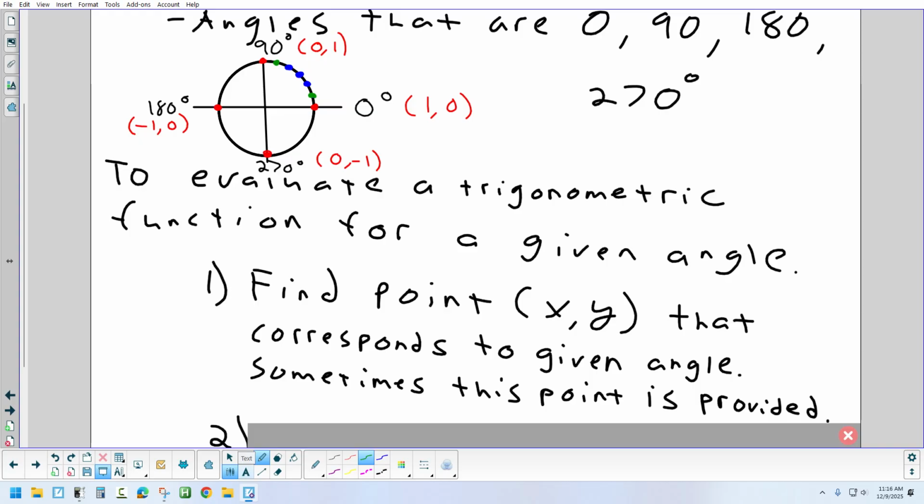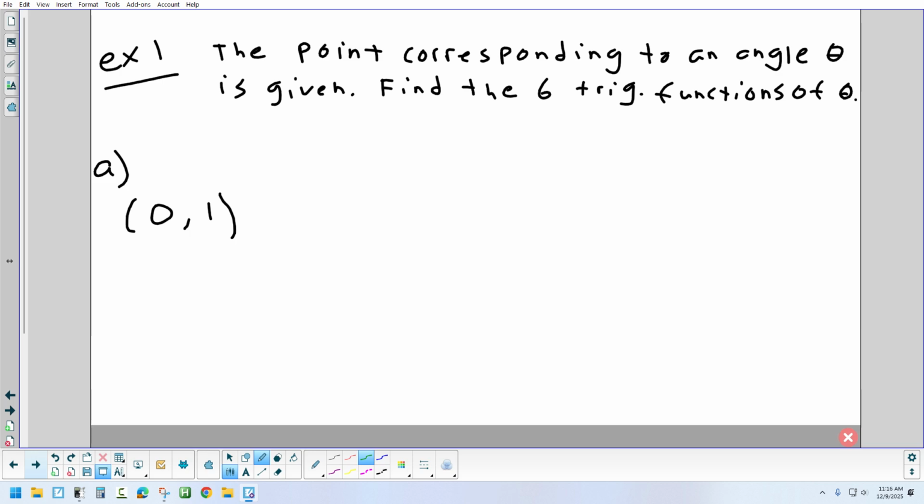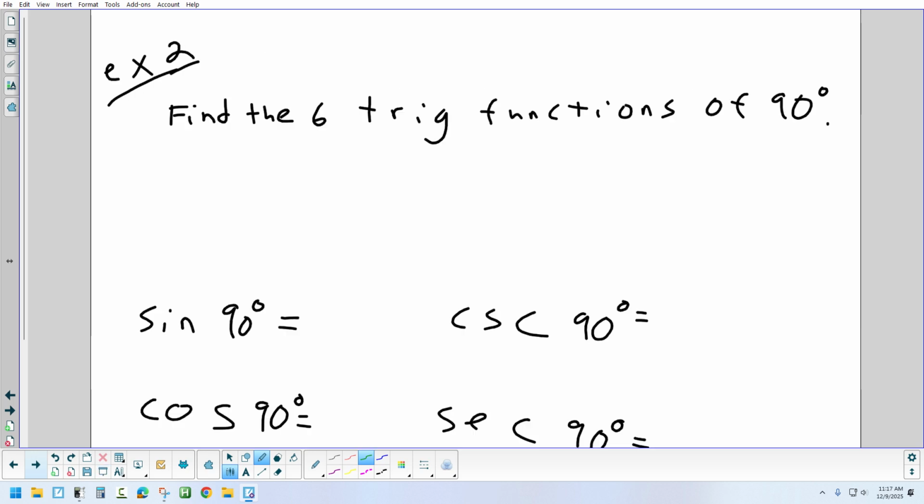So find the coordinate that corresponds to your angle. Now, sometimes they'll give you the coordinate. In the first problem that we're going to do, I've already given you a coordinate. So that step's already done.